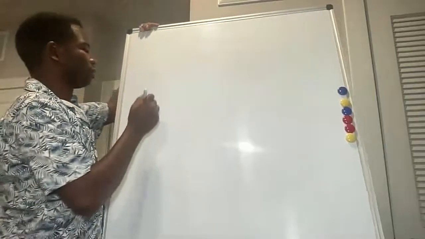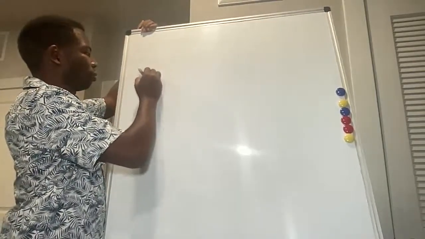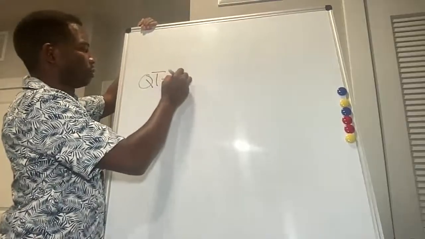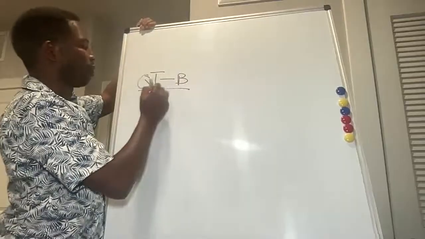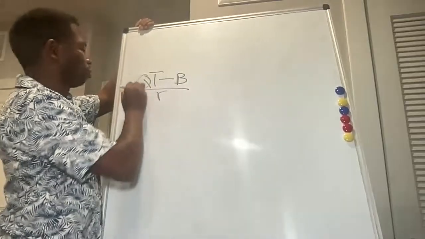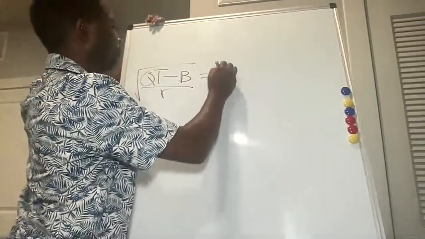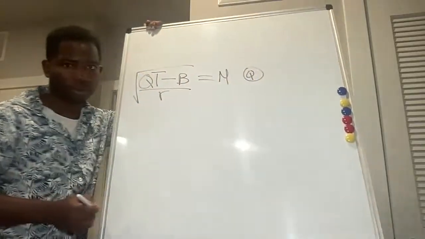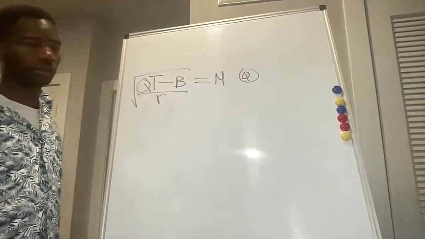If we have something like this, square root of qt minus b all over r is equals to n, make q subject of the formula, subject of the equation.